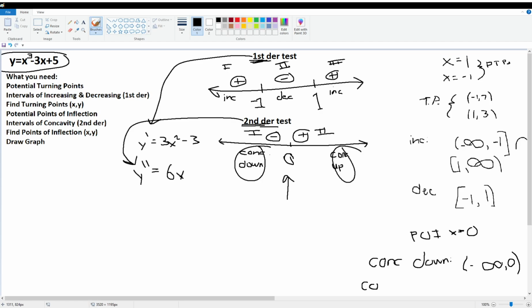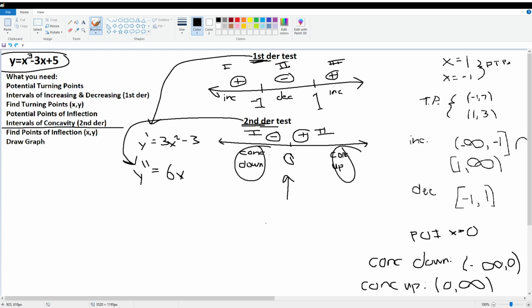And then concave up would be 0, once again not included, to +infinity. So now all we have to do is find the point of inflection, the actual value, which we get from plugging x equals 0 into the original equation.